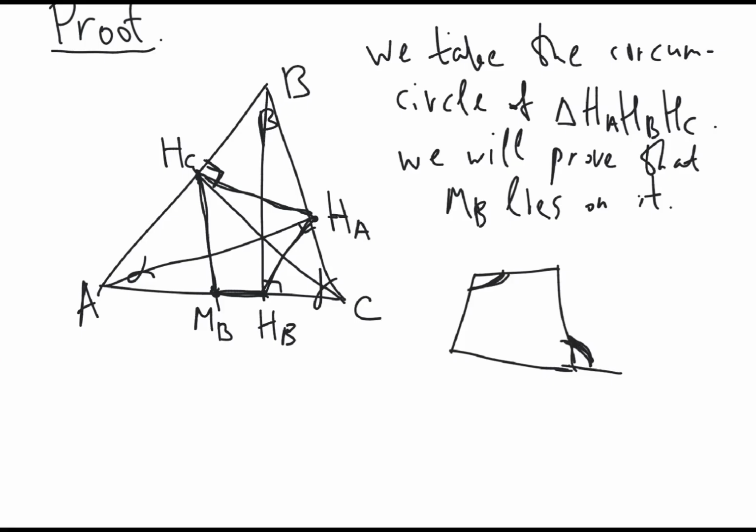This is if and only if the quadrilateral is cyclic. So this is one of the criteria, and that's exactly what we are going to do. We are going to prove that this angle is equal to this angle.